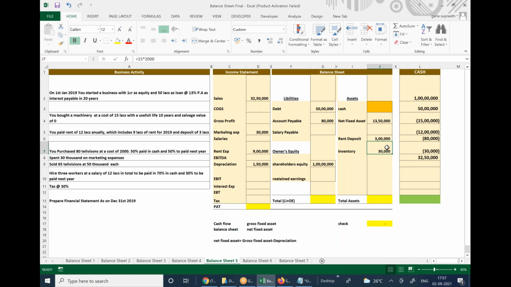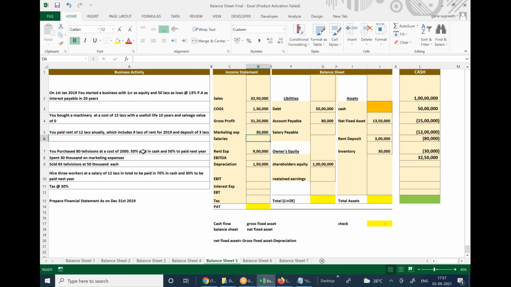And I sold 65 for 50,000. So what happens to my COGS? 65 quantity sold. What is the cost price? 2,000. What's the gross profit? Sale minus COGS.